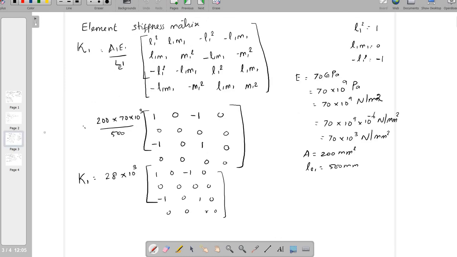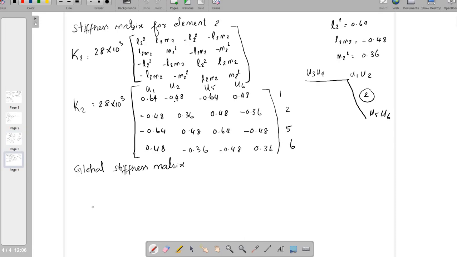In the previous matrix, we can specify 1, 2, 3, 4. Because if you are going to assemble the global stiffness matrix, you are going to see only the value at 1,1: fill the value as 1. At 2,1: fill the value as 0. At 3,1: it is minus 1. In this manner we are going to assemble the global stiffness matrix.